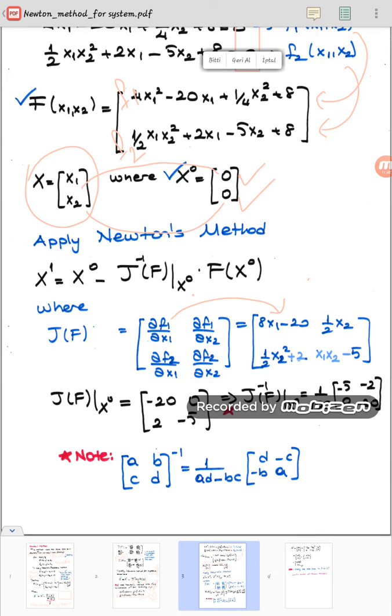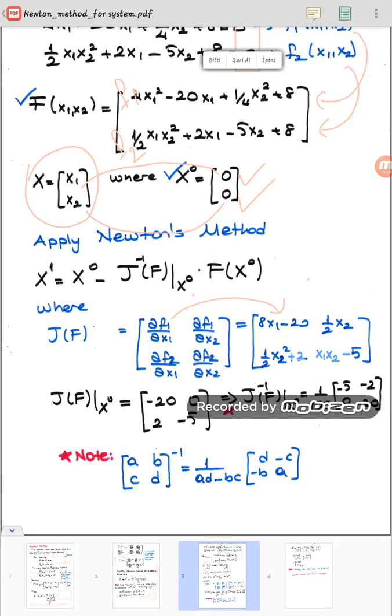The derivative of f2 with respect to x1 corresponds to 1 over 2 x squared plus 2, and then the derivative of f2 with respect to x2 will be x1 times x2 minus 5.